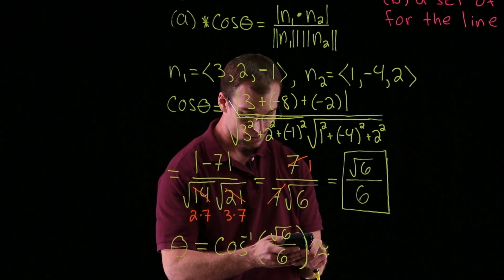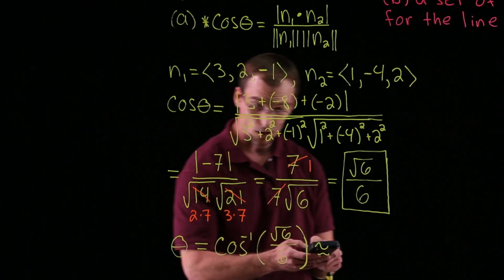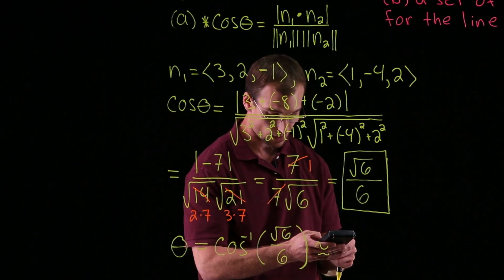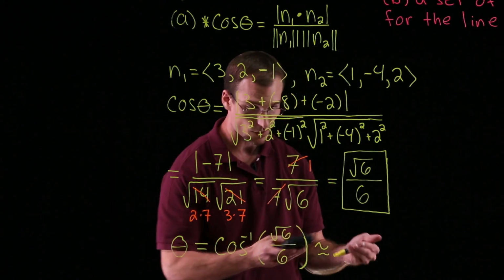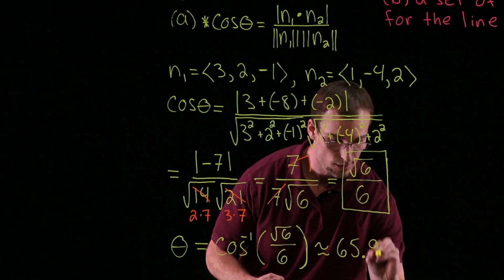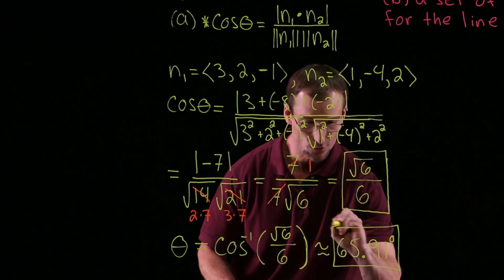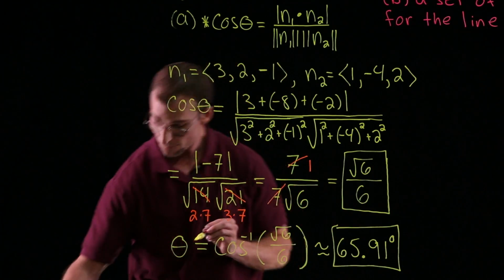And we'll find this in degree mode. So cosine inverse of square root of 6 divided by 6 gives us approximately 65.91 degrees. So that's our angle in degrees between our two planes.